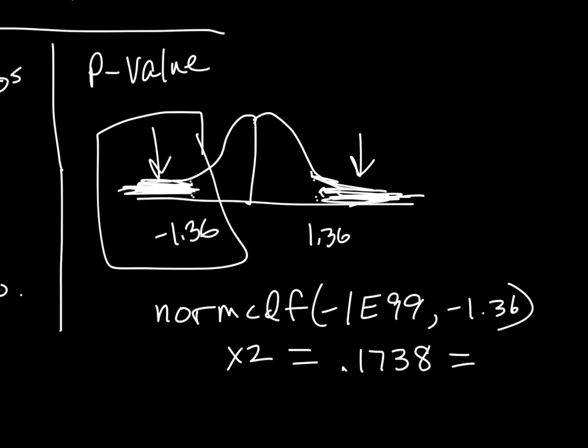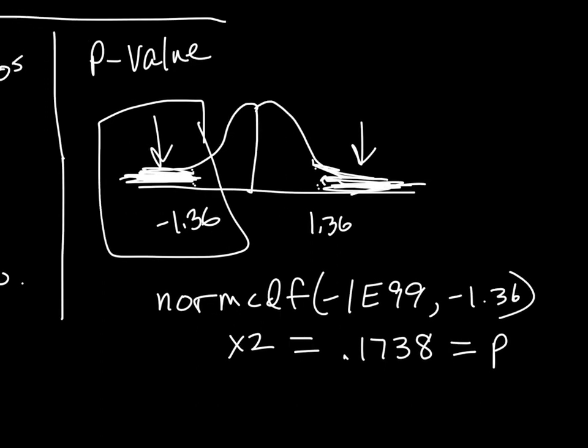Which is known as the p-value. By the way, when I say p-value, it has nothing to do with p-naught or p-hat or the population proportion. Okay? That's not what it is. It's the probability of getting the test value. That's what the p-value is. Okay.